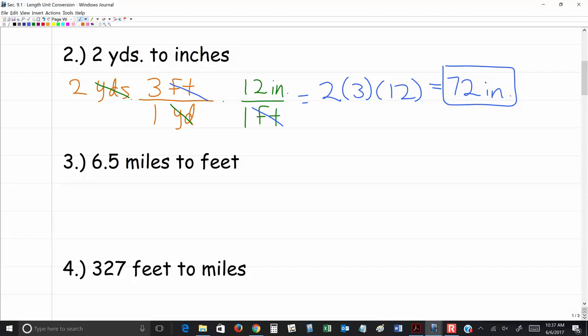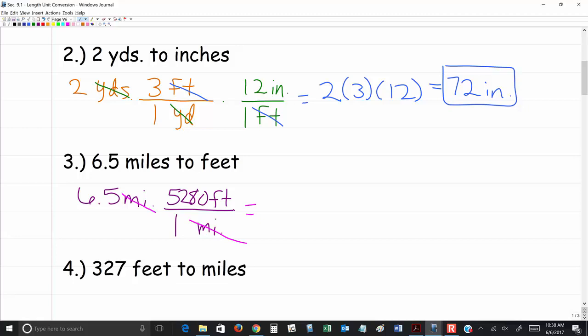All right, so if I want to convert 6.5 miles to feet, start out with 6.5 miles, and then I got to put miles down here on the bottom, and I know that 1 mile equals 5,280 feet, which I would expect you to know, even though I also gave it to you on the sheet.